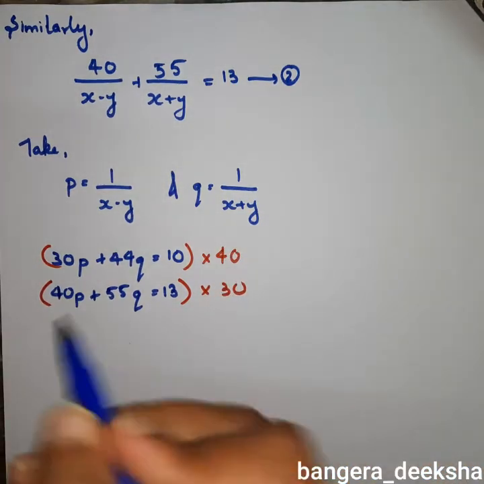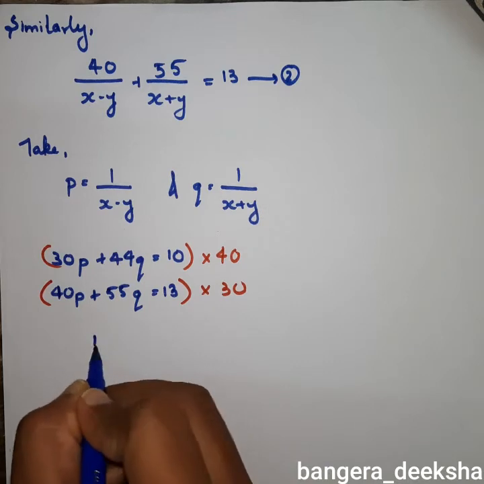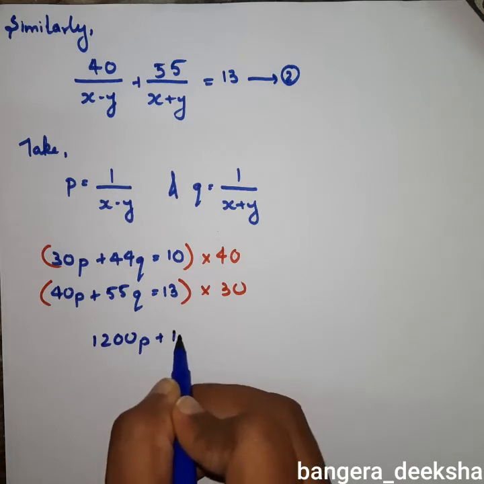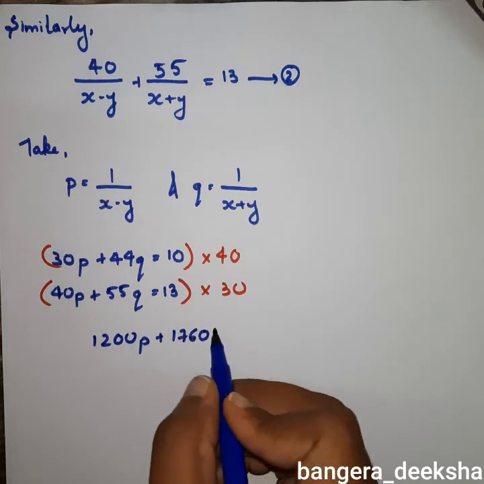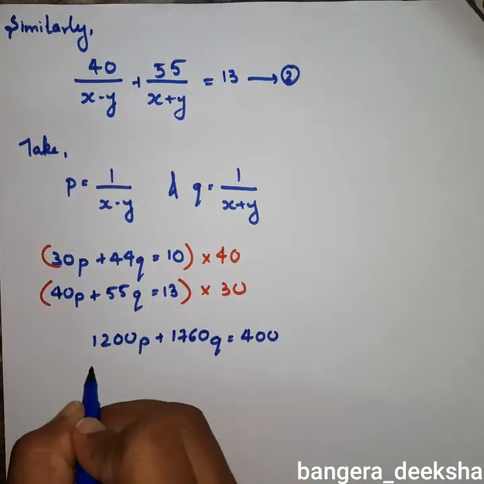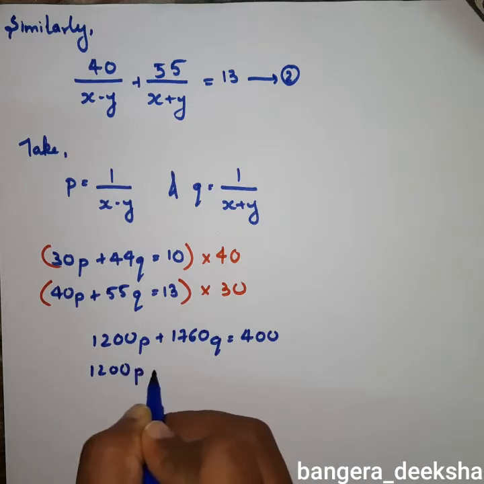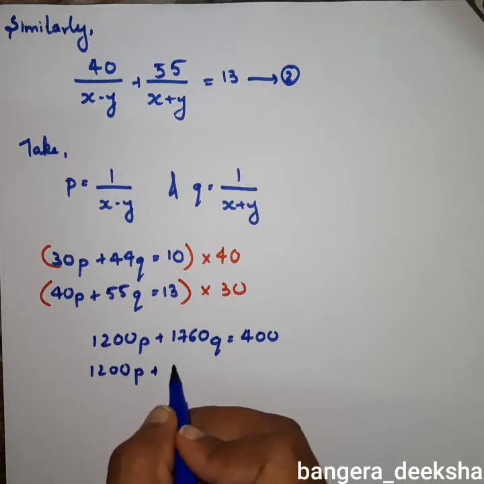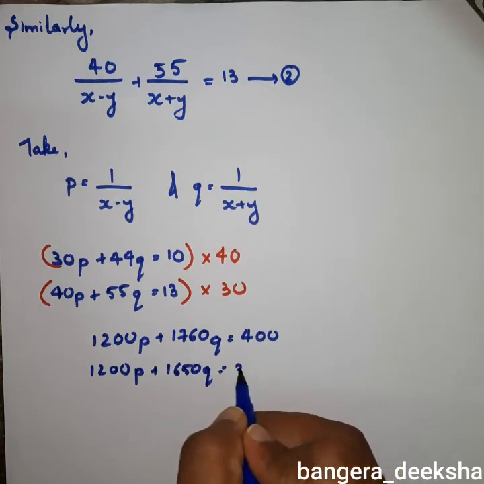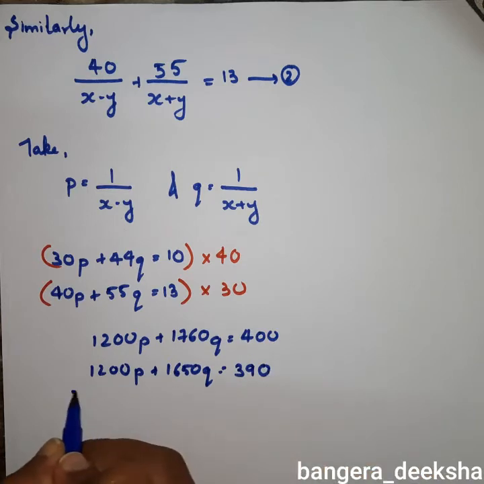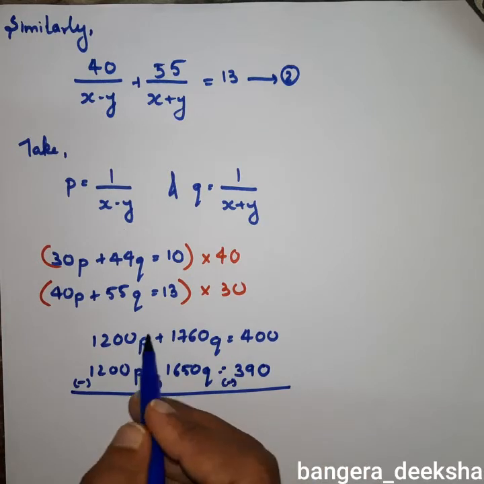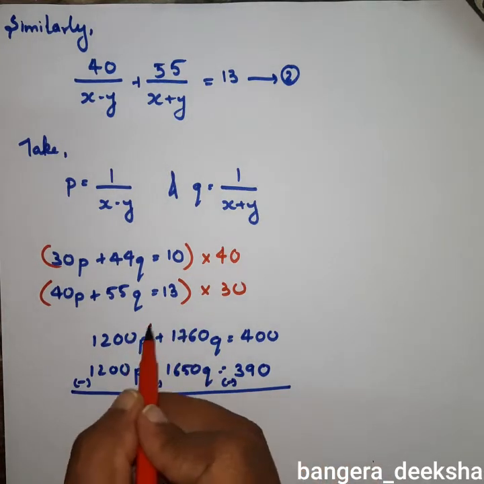So I'll get 1200P plus 1760Q is equal to 400. Similarly here, 1200P plus 1650Q is equal to 390. Subtracting, changing the sign, these two terms will get cancelled.